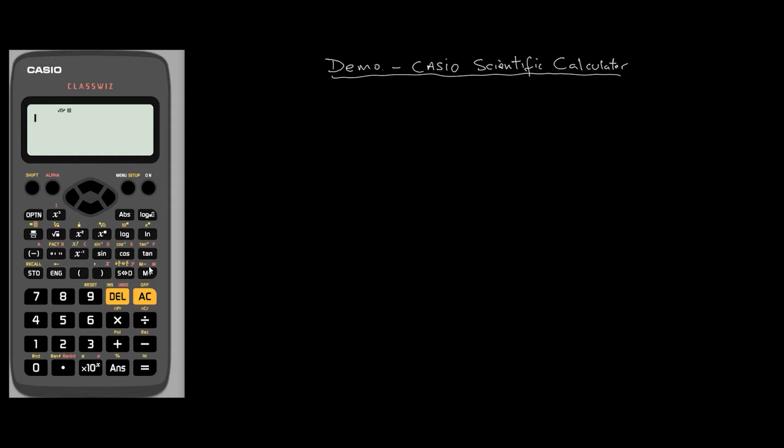We have some memory that could be used here, so we've got memory plus, memory minus sitting above it there, available via the shift key.